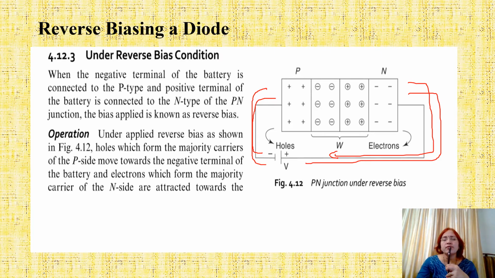But due to thermal effect, there is breaking of some of the covalent bonds in both the regions due to room temperature. So therefore, there is a continuous production of electron hole pairs in both the regions. So there is a presence of some of the electrons in the p region, which are called as minority charge carriers.